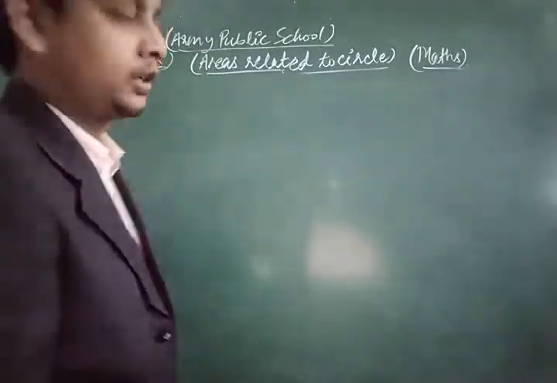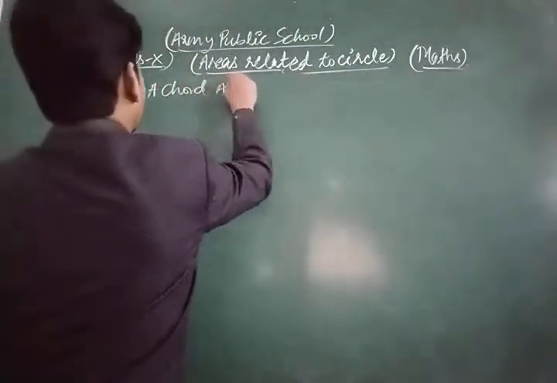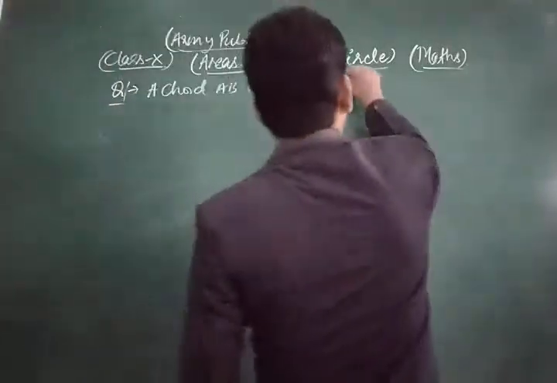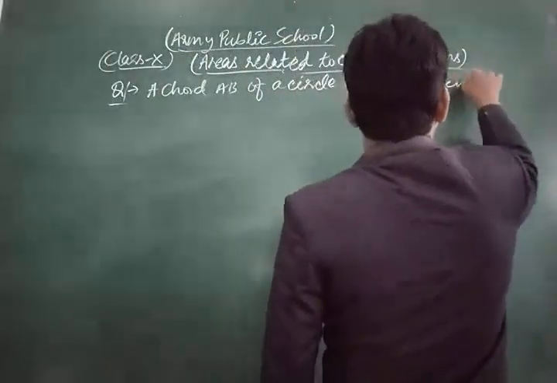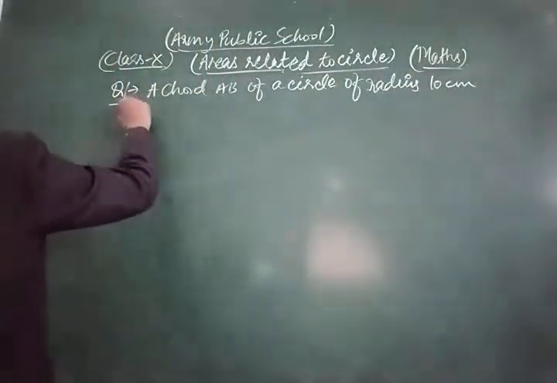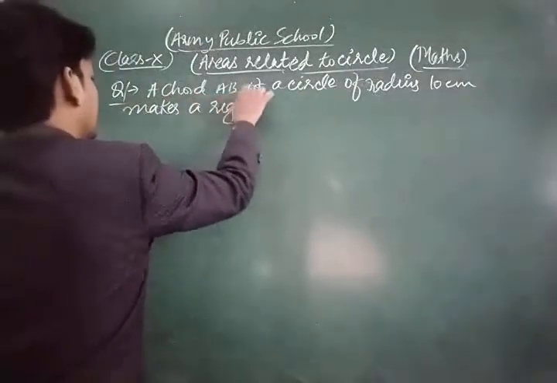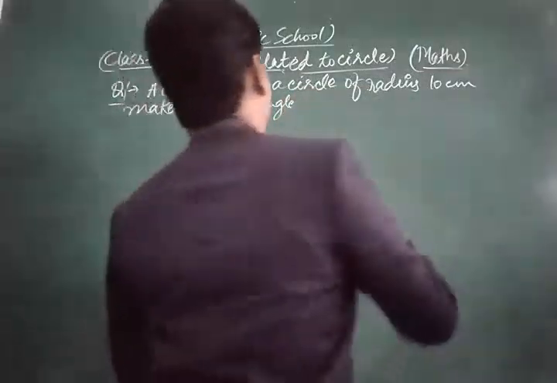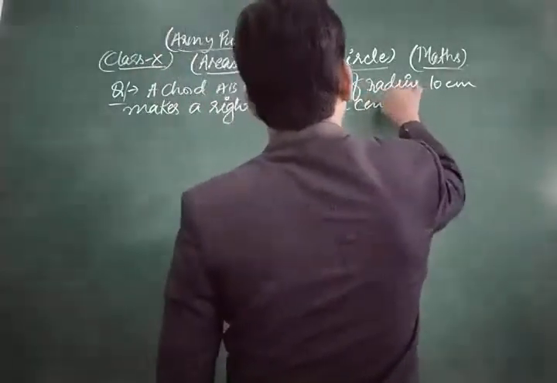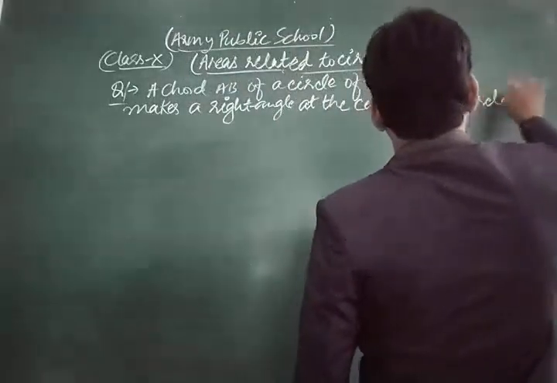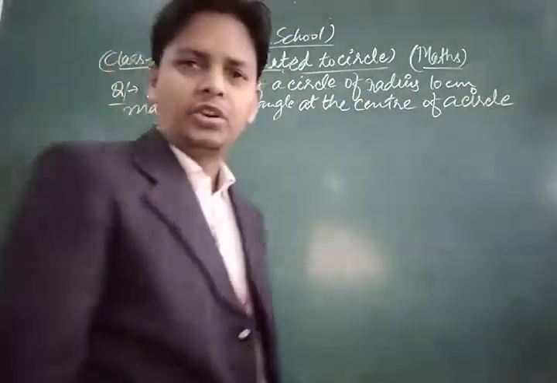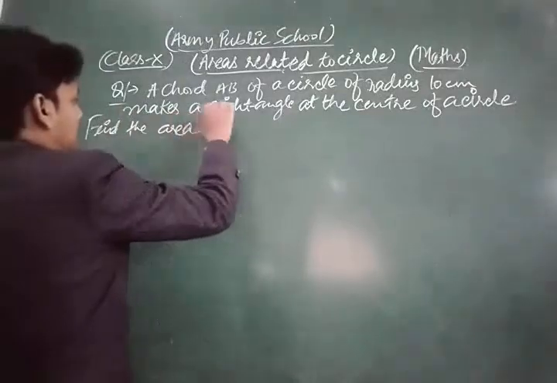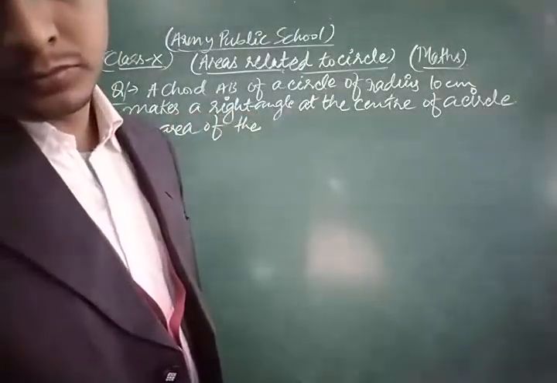Now look, a chord AB of a circle of radius 10 centimeter makes a right angle at the center of the circle.